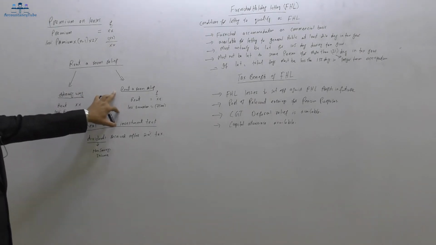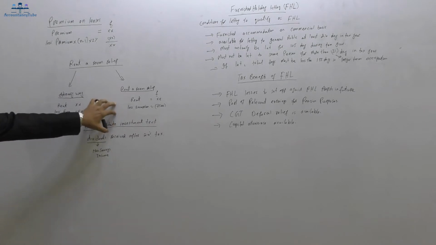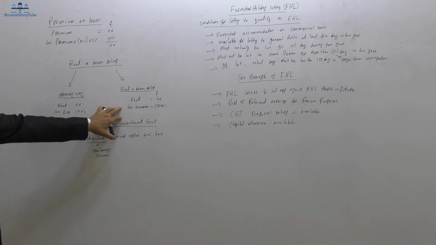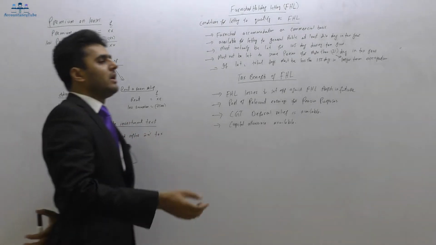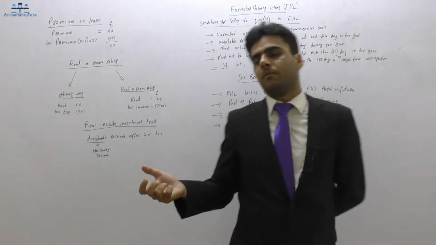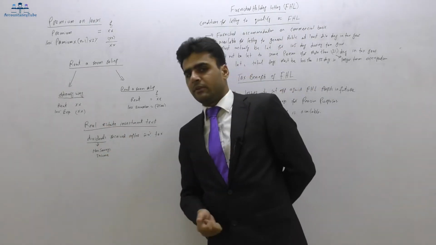Now if you look at the rent a room relief way, we cannot deduct the expenses under the rent a room relief. We can only deduct the exemption, which is £7,500. So ordinary way is a simple way. We'll take the rental income, and we will deduct the expenses out of that.